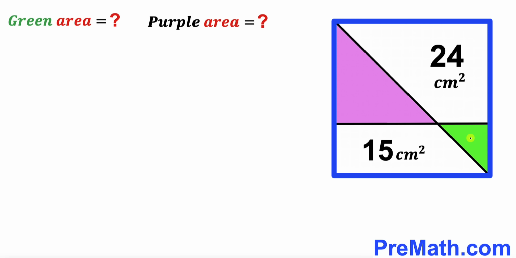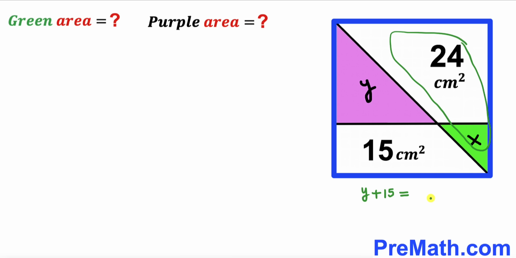If I label the area of this green shaded triangle as x and the area of this purple shaded triangle as y, then we can write that this part of the area, which is y plus 15, is going to be equal to this part area, which is x plus 24. So I can write x plus 24.